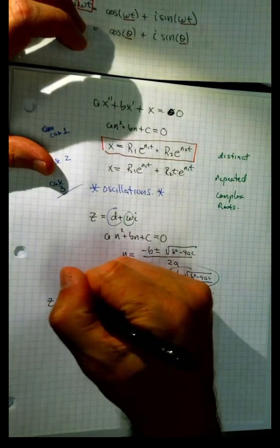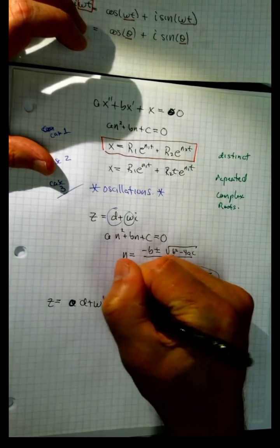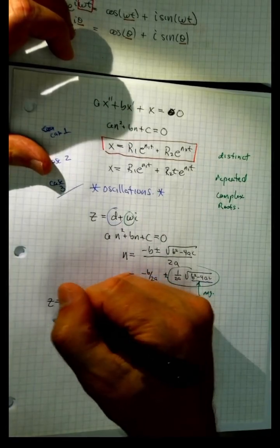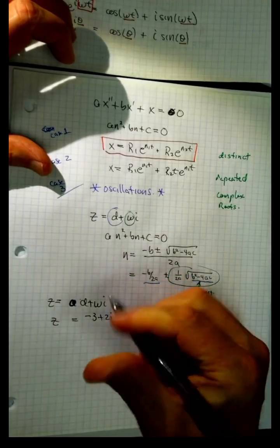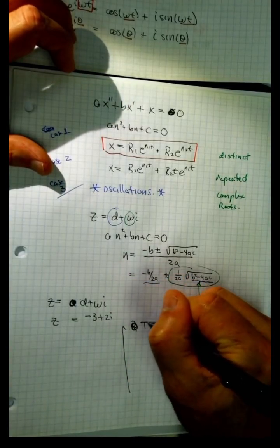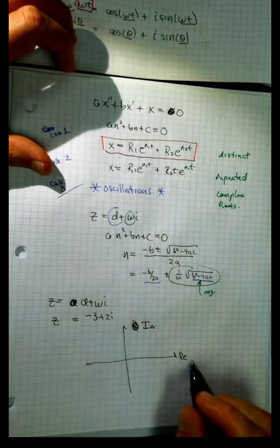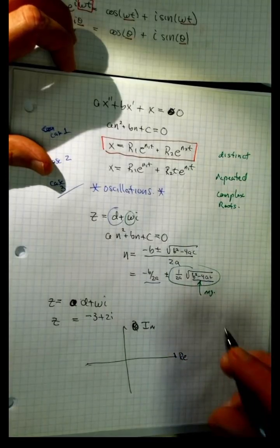But before we do that, let's just go back and remind ourselves what's going on with this. So for example, if I have z equals minus 3 plus 2i, what did we say? If I look at this in terms of the complex plane, the horizontal axis is the real numbers, vertical axis is the imaginary numbers.